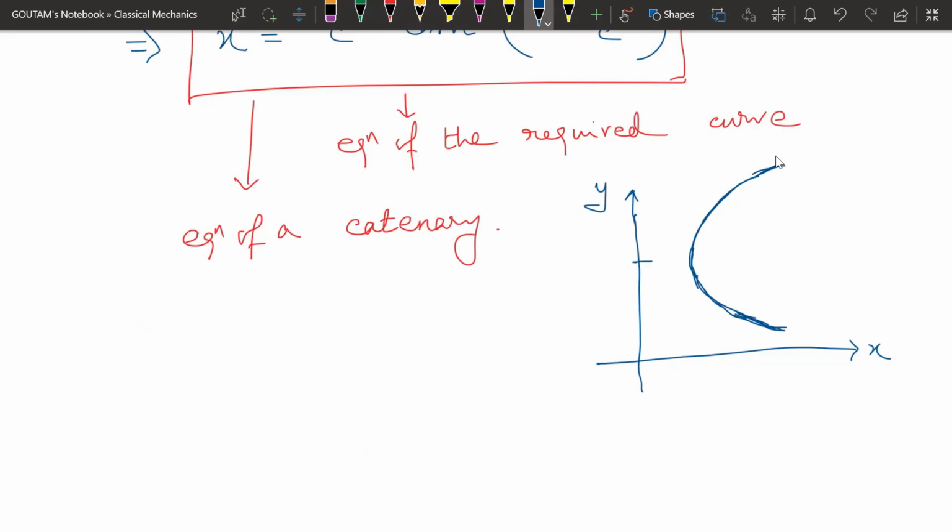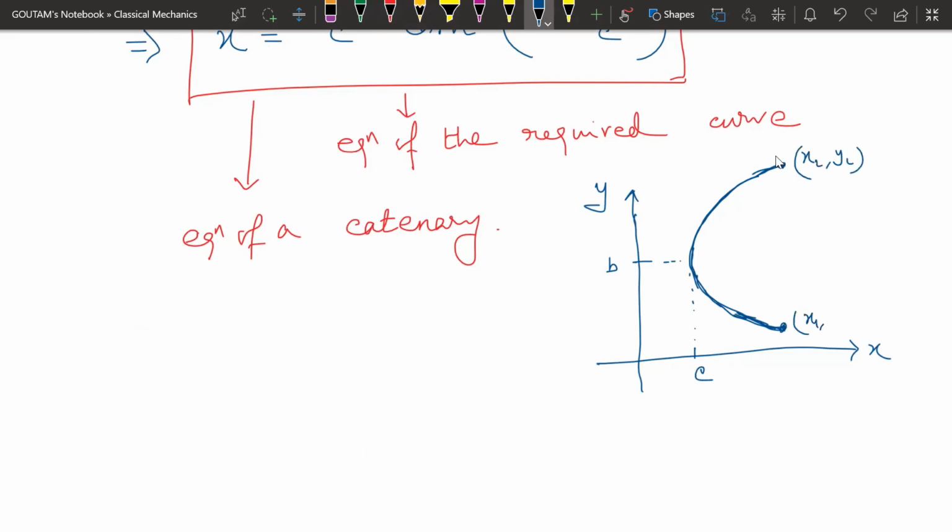So this point will be B, and corresponding to this point, it will be C. So let's say these are the 2 points, (x1, y1) and (x2, y2).